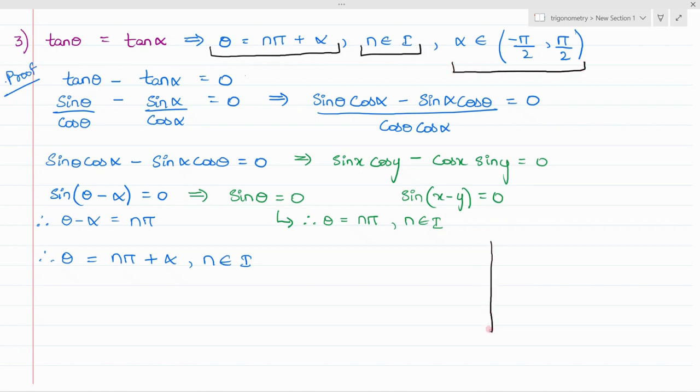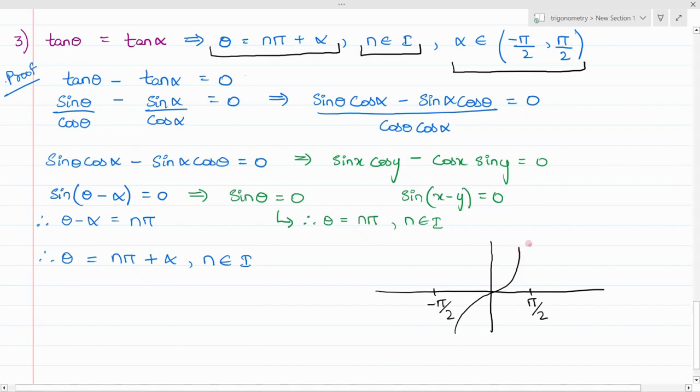Because if you see the tan x graph, it will be something like this. This is pi by 2, and this is minus pi by 2. It will be something like this, right? Because it doesn't touch this.